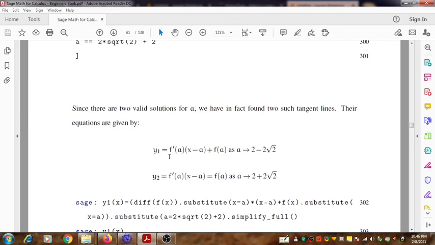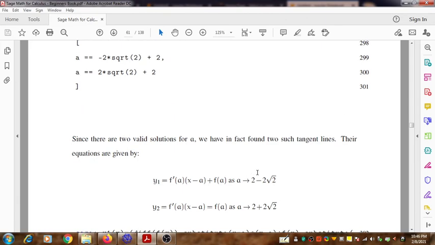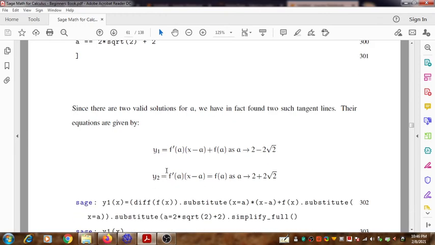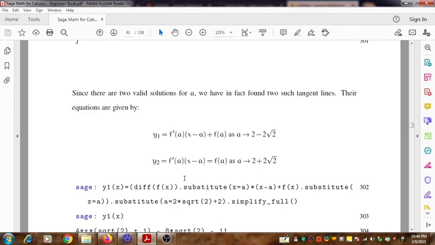Their equations are y1 equal to f dash a into x minus a plus f a, as a equal to 2 plus 2 minus 2 root 2, and y2, the second equation, is y2 equal to f dash a into x minus a plus f a, as a becomes 2 plus 2 root 2.